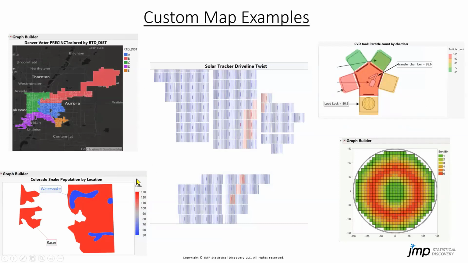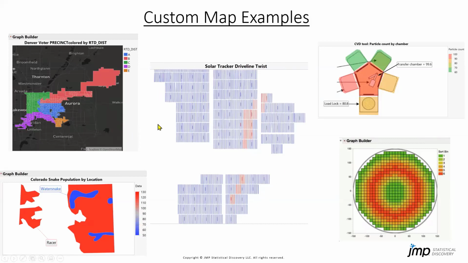These two examples on the left are actually coming from ESRI shapefiles that you can go and download. In this case, it's the Denver voter precinct. Got some RTD data. I'll explain more later why that is. And then I dug up a cool wildlife one, a Colorado snake population that we brought in and converted to JMP format. So we will do an ESRI file conversion today.